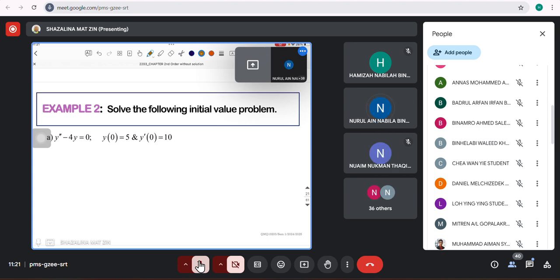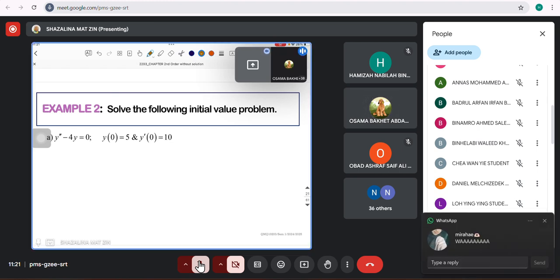Ada, madam. Yes, doctor. Okay. Next is Osama Baket Abdallah Musa. Yes, doctor. You haven't bought the book yet, right? Yeah, I'll buy it today, inshallah. Okay. Next is Vice Navi.